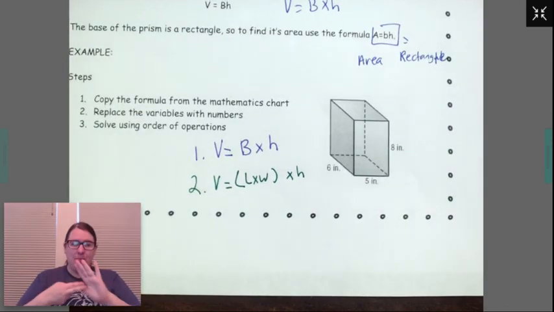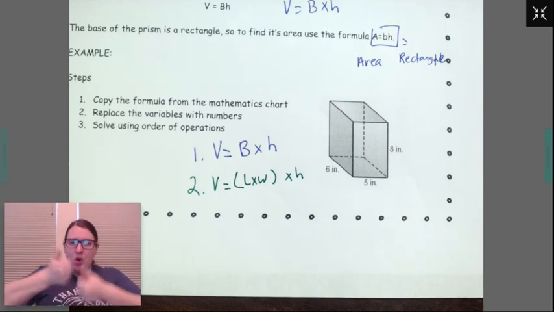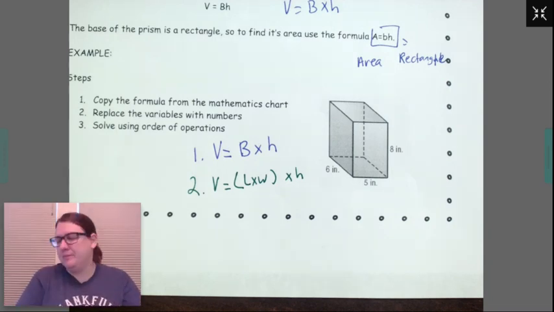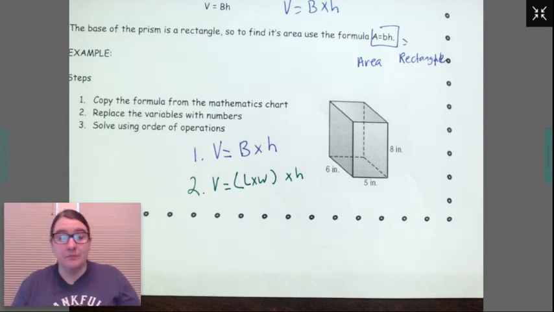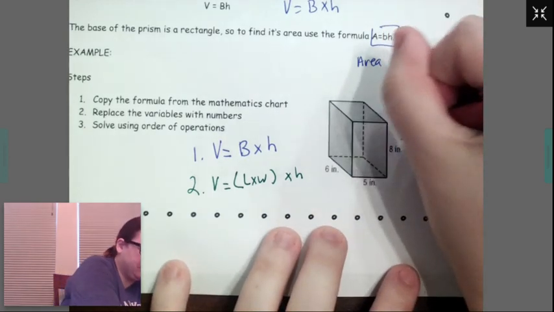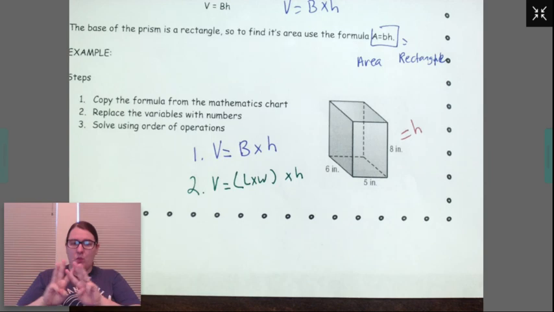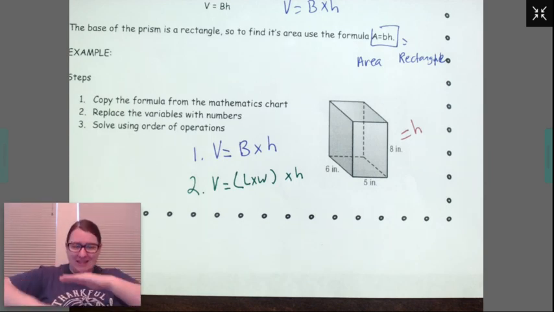All right, let's label my shape. Which one is the height of my prism? Eight. Okay, my length and width of my base.